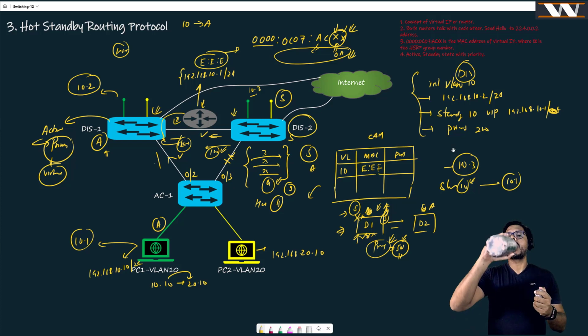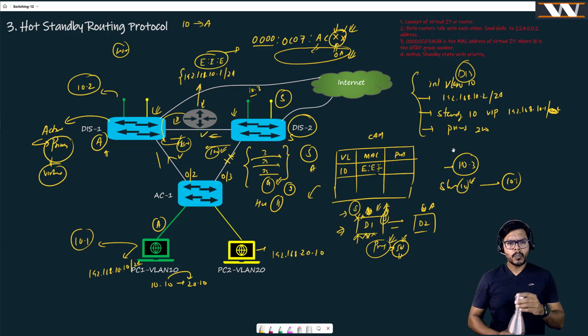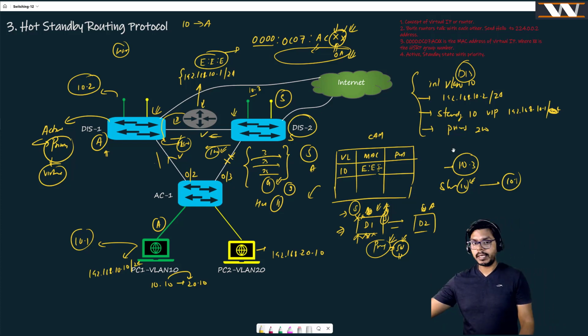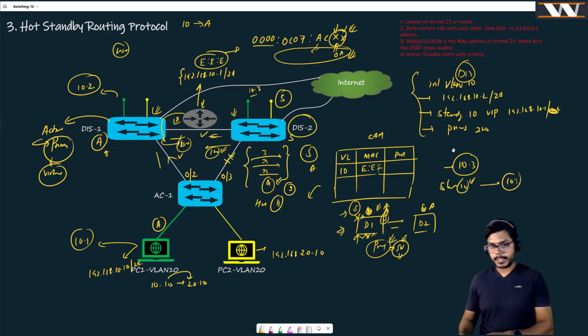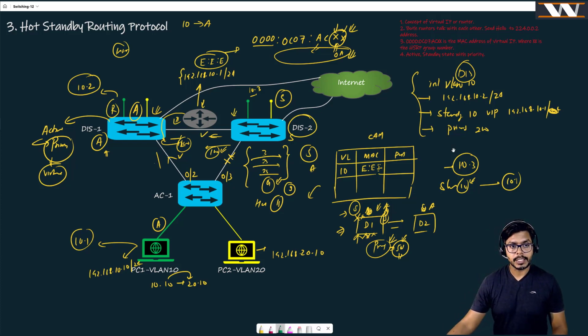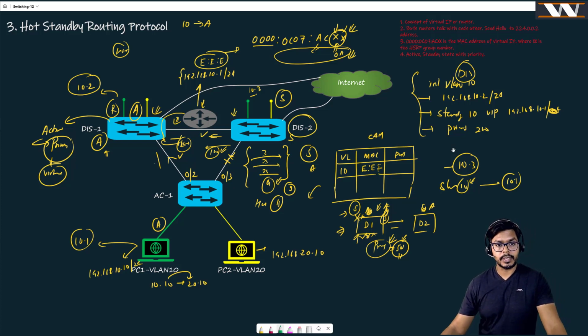Vishnu, there is a distribution 1 and distribution 2. Are they connected point to point, or are the hello packets going via the access switch? Actually, right now I have connected them directly, and that is why I'm saying that if this one is my active router or the spanning tree root also, I will be discussing the impact of the root switch on standby, or basically on HSRP.